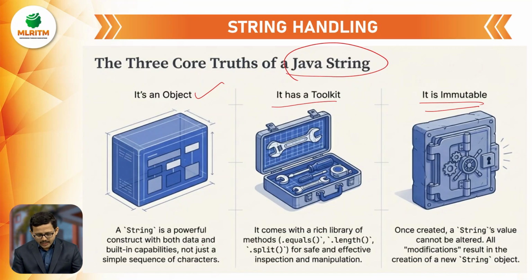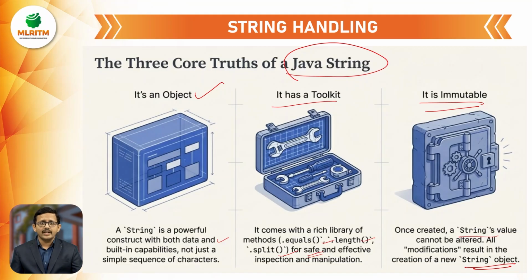So string is a powerful construct with both data and built-in capabilities, not just a simple sequence of characters. It comes with a rich library of methods like equals, length, split, etc. for effective inspection and manipulation, and it is safe too. Next, once created, a string's value cannot be altered. All modifications result in the creation of a new string object. So these are the three core truths of Java strings.